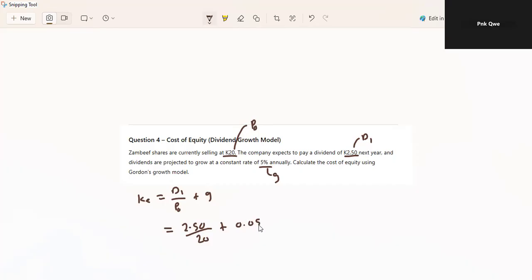So what do we get? 0.125 plus 0.05, we get 0.175. Same as 17.5%.